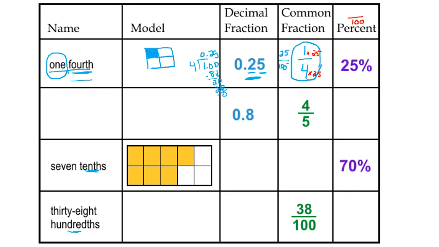Okay, let's do the next one. They've given us decimal 0.8, and they've given us a fraction, 4/5. So because I just said the word 4/5, that's what goes in the name, 4/5. Okay, and we could draw a model.